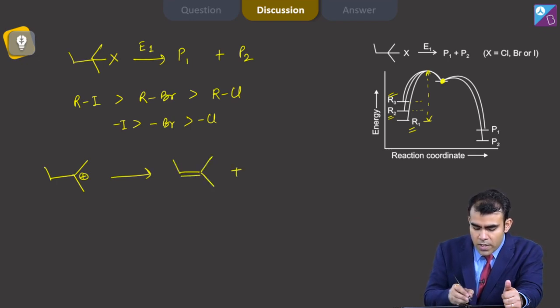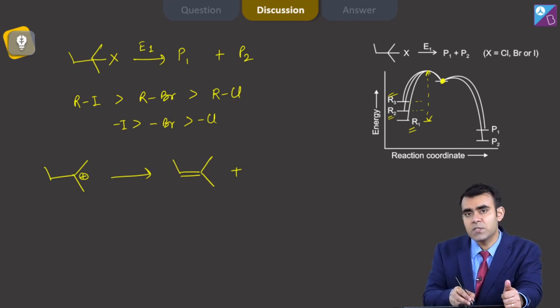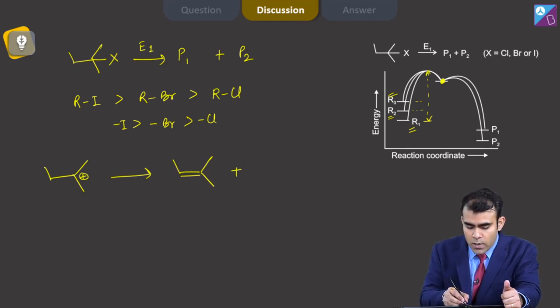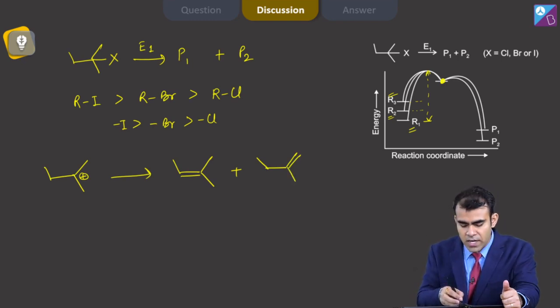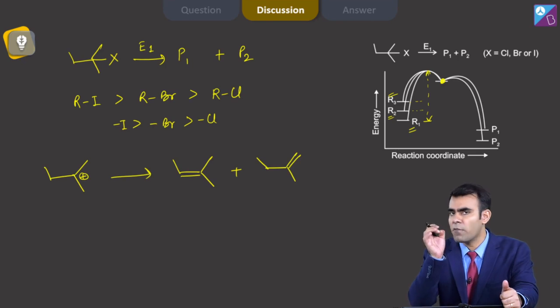Now this double bond can be more substituted, which is my Saytzeff product, and also it can form from the less hindered position, and from there I will get the Hofmann product.